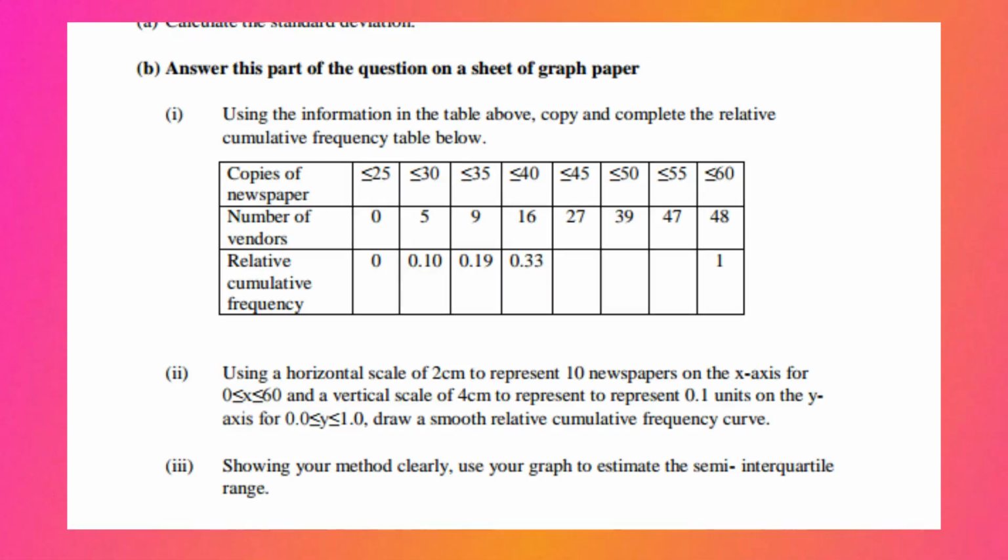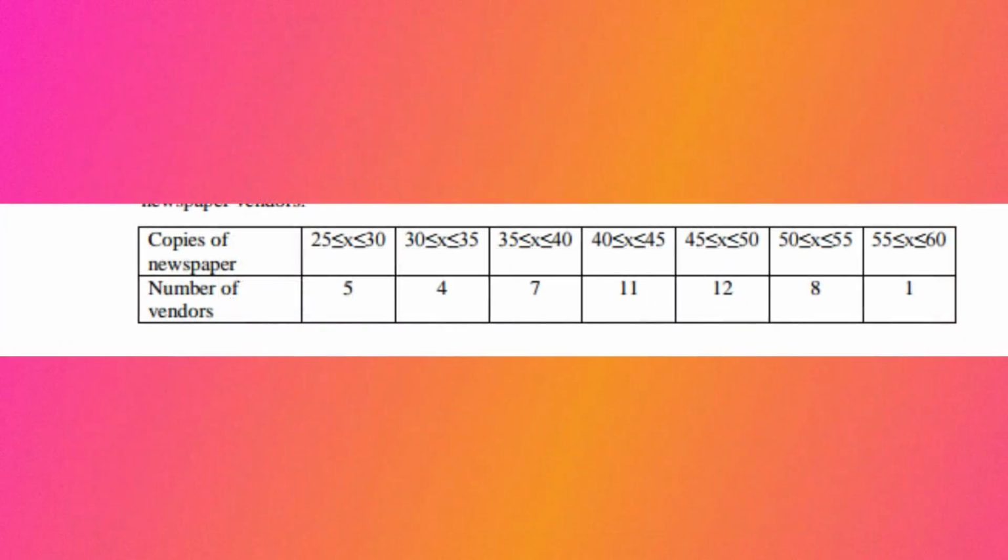Let's look at the table. There is a class interval and the frequency down there. So the frequencies are 5, 4, 7, 11, 12, 8, 1.